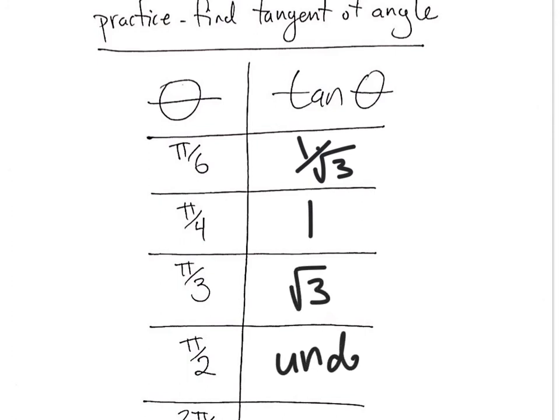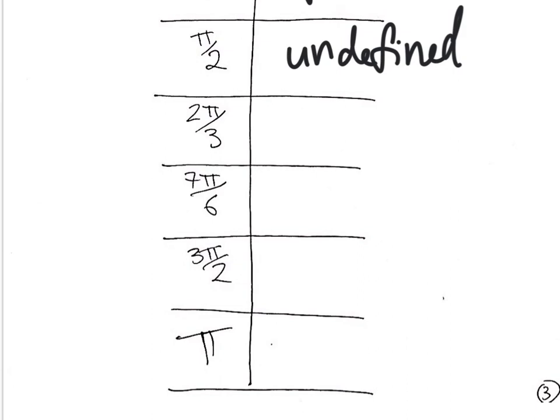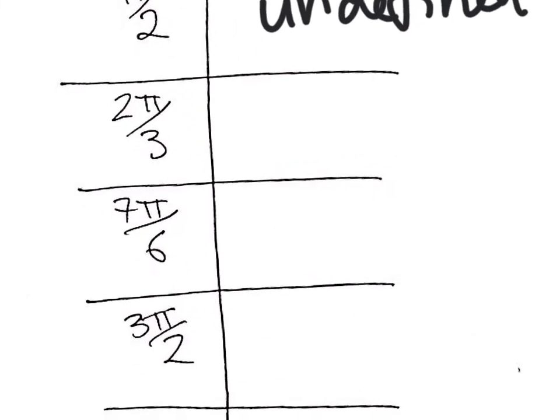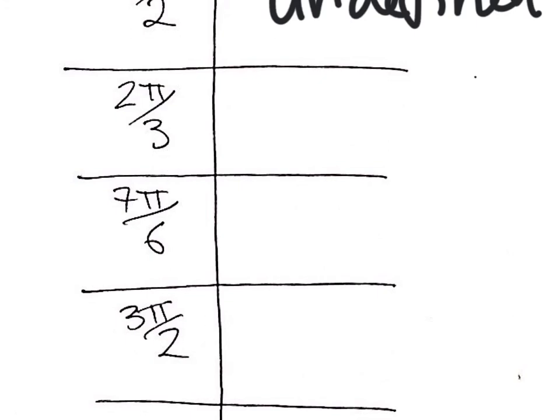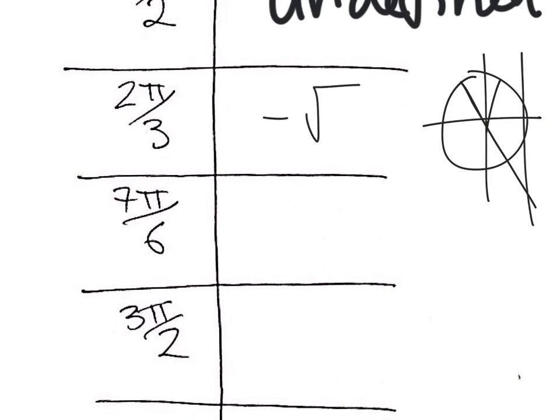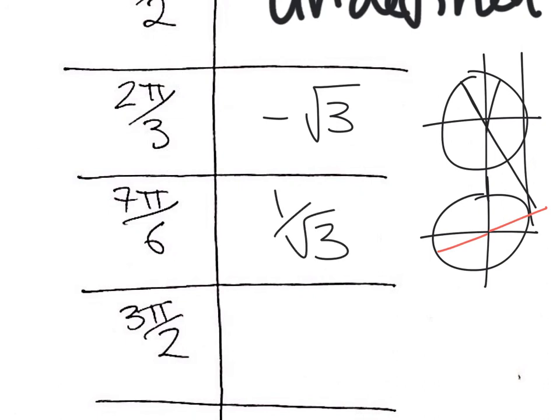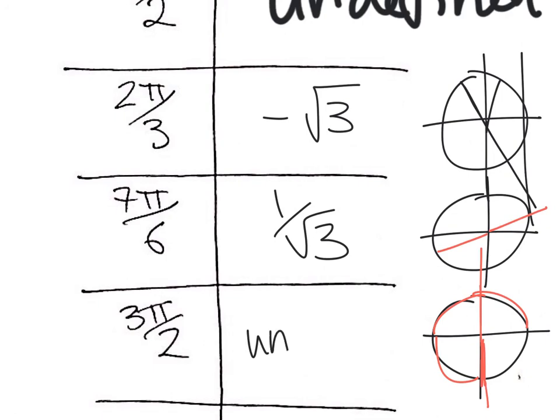Pi over 2, undefined. 2 pi over 3, that would be like this, and like that, so this is going to be negative root 3. 7 pi over 6, that would be right here, which would extend back, and so that would be 1 over root 3. 3 pi over 2 is right here, which is like that, never crosses, undefined.